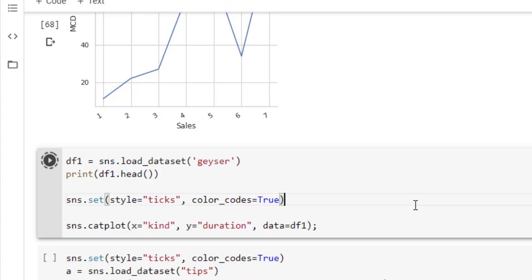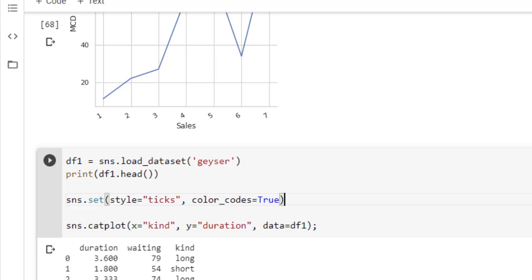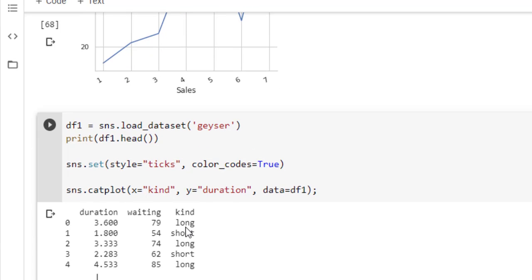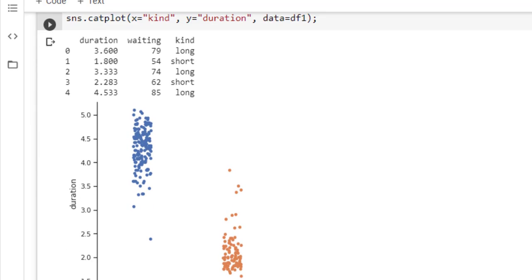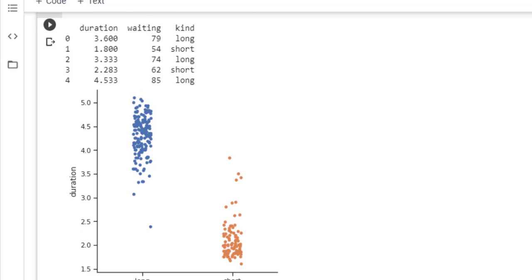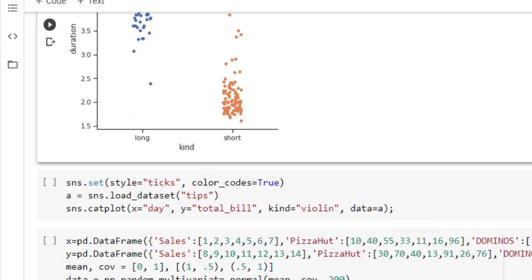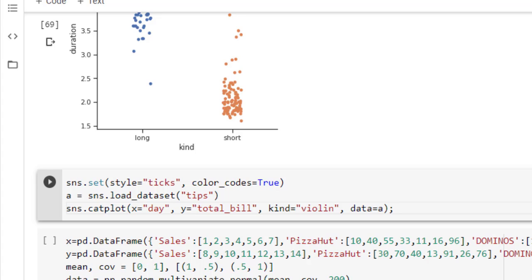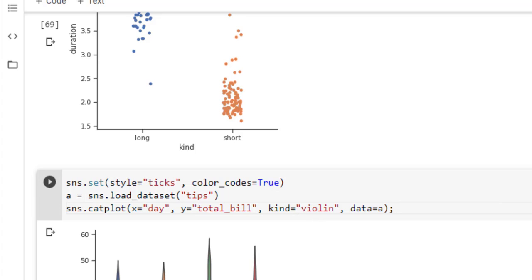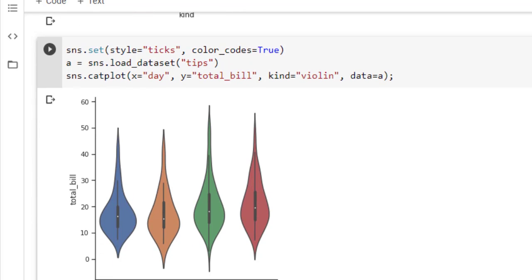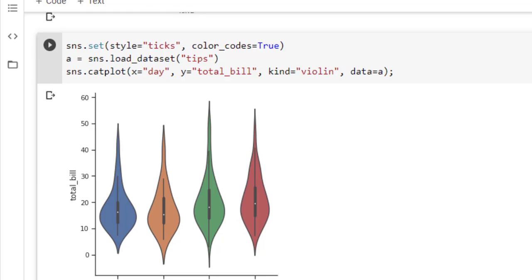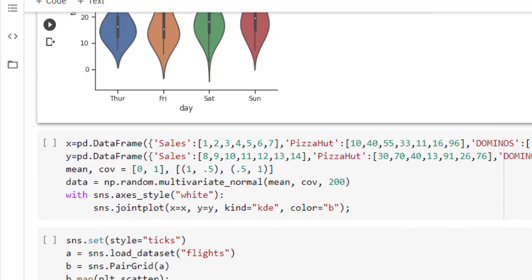Now the next is we are using the geyser dataset and applying the style of ticks and implementing it. The kind has two categories, long and short. So here we get just two categories of data, long and short, for the duration. Yet again using the style ticks, but the kind we are using here is violin for our data set, tips, and we get this type of graph.